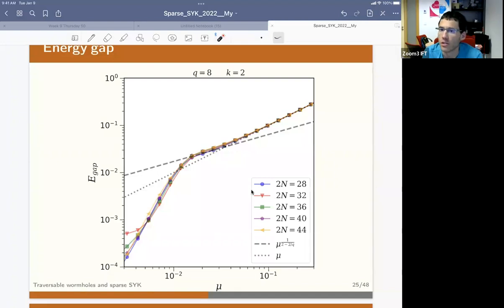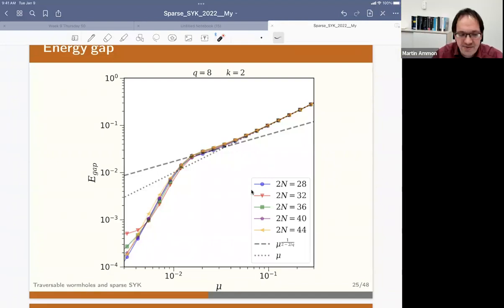Martin has a question. Yeah, so thanks for this very nice talk. I've got a question concerning whether these connected diagrams dominate or not for the spectral form factor.